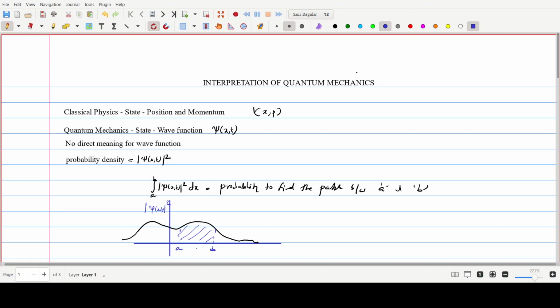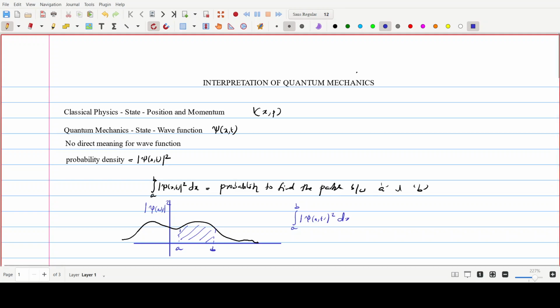What it actually means, we already discussed earlier. If you perform the same experiment a large number of times for the same system, then probabilistically the probability to find the particle between A and B will be this much. Using some numbers, let this integral be equal to 0.4.